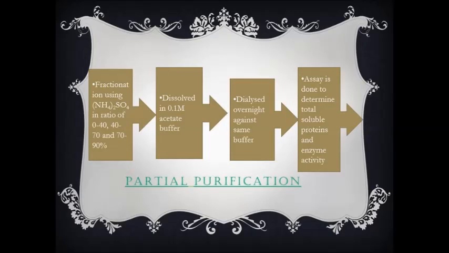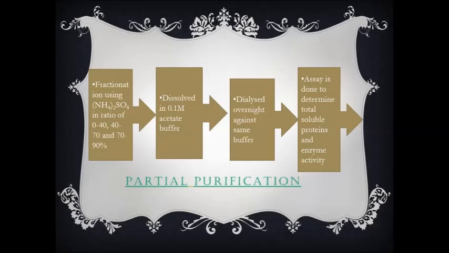Fractionation using ammonium sulfate was done in the ratios of 0 to 40, 40 to 70 and 70 to 90%. The fractions were separately dissolved in a minimum amount of 0.1 M acetate buffer with pH 5, then dialyzed overnight against the same buffer.